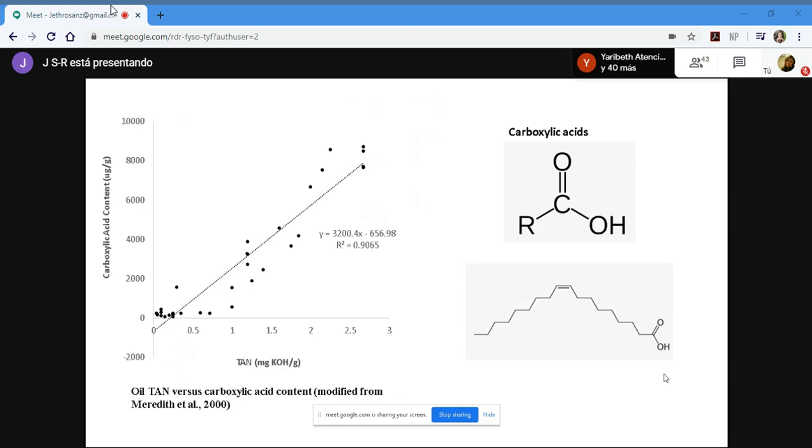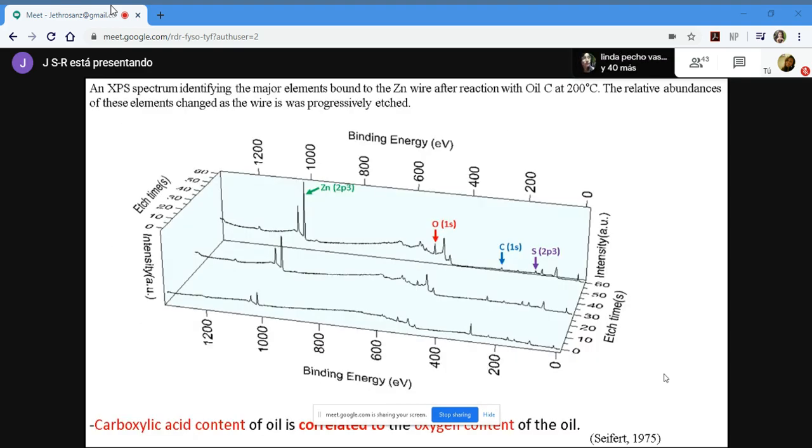The total acid number, or the acidity of the oil, is strongly correlated to the carboxylic acid content of the oil. So on the right of the screen, you have an image of what carboxylic acids look like. When we analyzed the surface of the zinc wire that had been reacted with the oil, we found that the zinc wire has an affinity for oxygen compounds in crude oil.